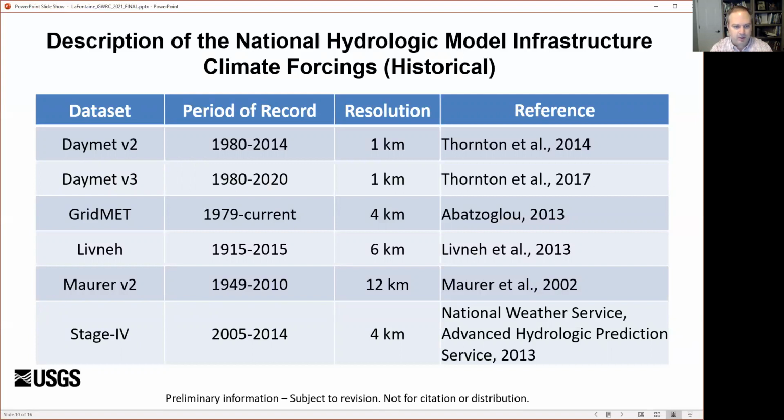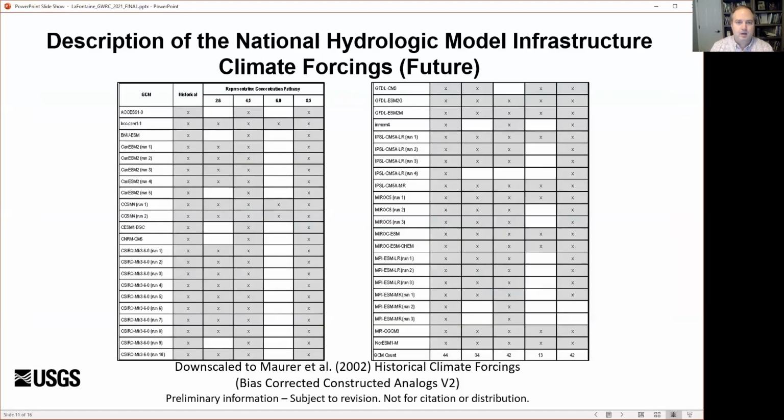Then there are a couple of other longer-term data sets, the Livneh and the Maurer, that we typically use for climate change studies, at 12 kilometers. We also looked at Stage IV radar. All of these have been transferred, with a spatial weighting overlay, to the modeling units of the NHM.